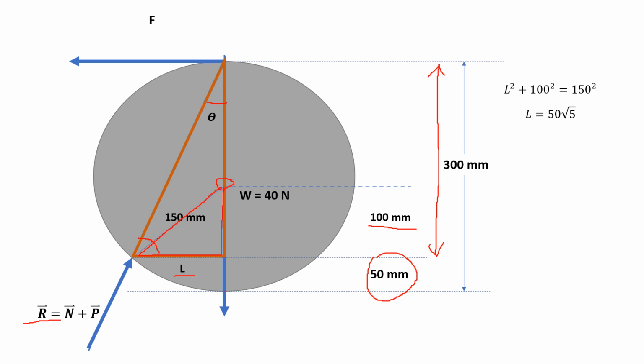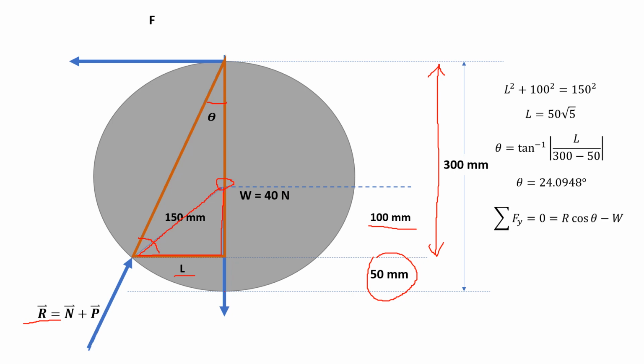Since we know L, which is the opposite side of theta, and 250, which is the adjacent side of theta, we can now solve for theta. Theta is arctan of opposite over adjacent. So we solve for theta. Theta is 24.0948 degrees.